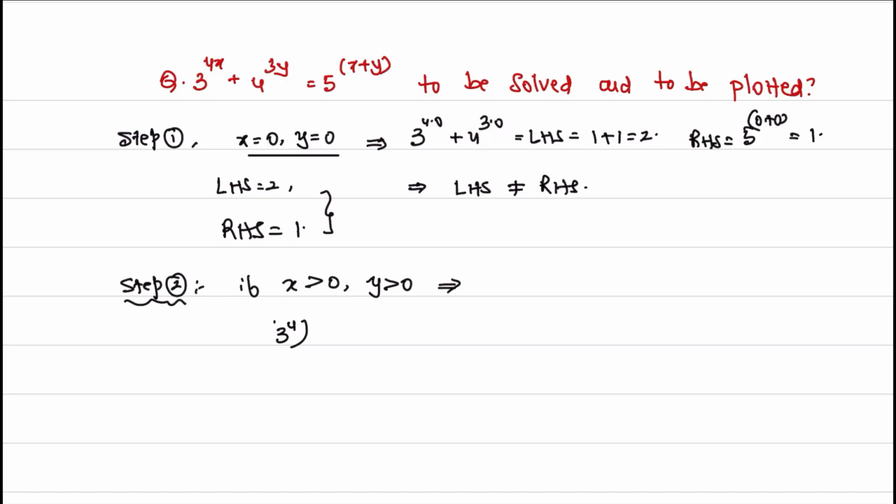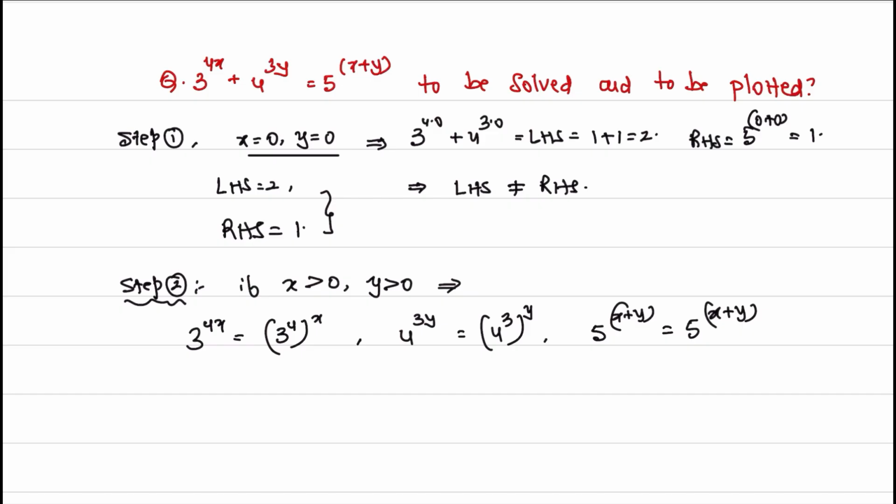3 to the power of 4x is equal to 3 to the power of 4, to the power of x, and 4 to the power of 3y is equal to 4 cubed, to the power of y, and 5 to the power of x plus y is the same.